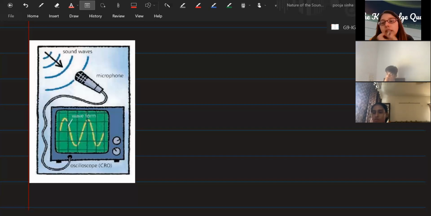So curtains, carpets, some padded furniture, fabric furniture, which has a lot of foam in it. These are good absorbers of sound. So in your house, if you want to reduce the sound, you can use these things, right?